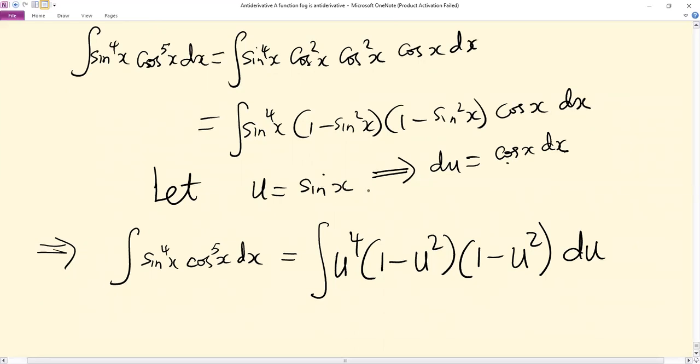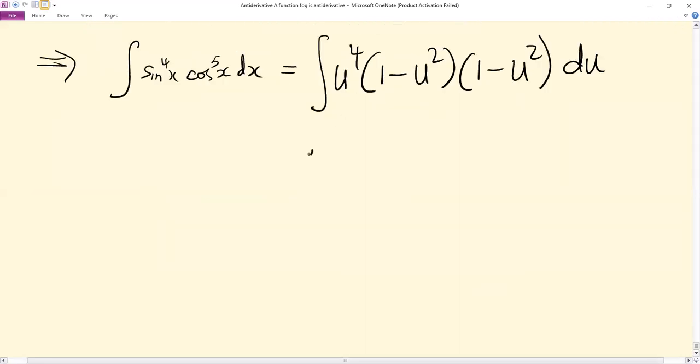Know that when we have sine power k of x, it is the same as sine x raised to power k. So when you say sine squared x, it is the same as sine x squared. That's why sine power 4x is u power 4, and sine squared x is u power 2.